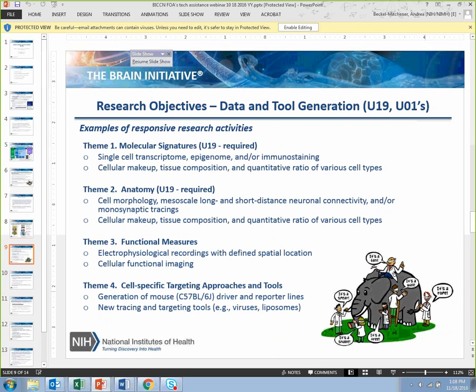As the goal is to generate a comprehensive brain cell reference data, the U19 centers or U01 collaborations for mouse brain are expected to implement scalable technology platforms and streamlined workflows for the data and the tool generation in a high throughput manner.